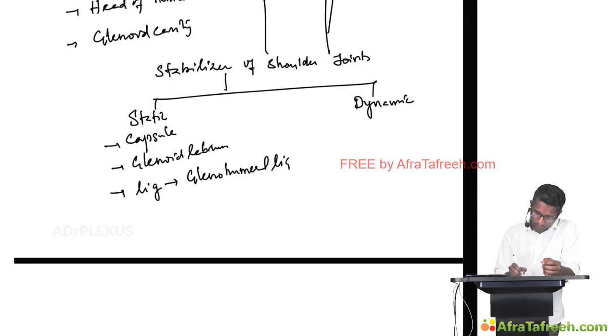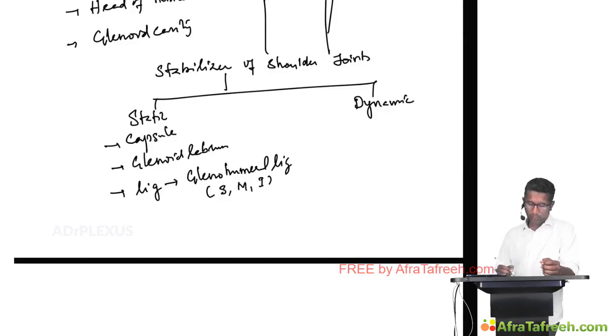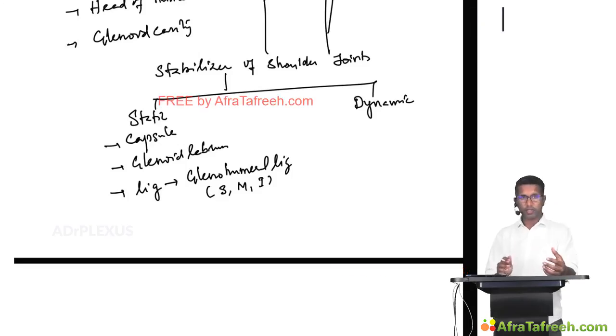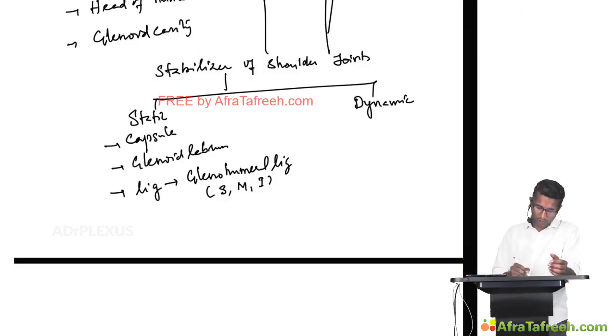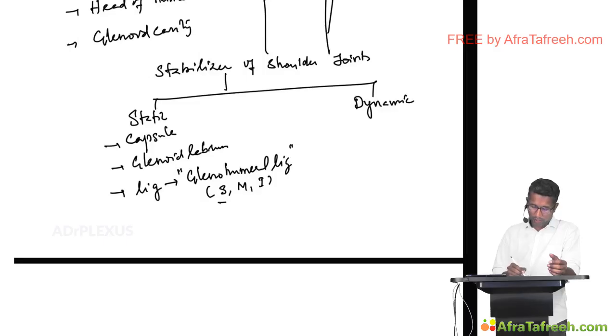There are three glenohumeral ligaments: superior, middle, and inferior. They extend across the joint cavity from the glenoid to the humerus, and are nothing but thickenings of the capsule.